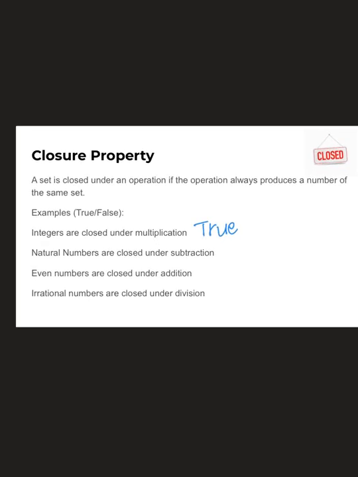And that is false. So if you take a natural number minus a natural number, you might not always get a natural number. Here's an example. 2 minus 3 is -1. -1 is not a natural number. So this is not a closed set under subtraction.